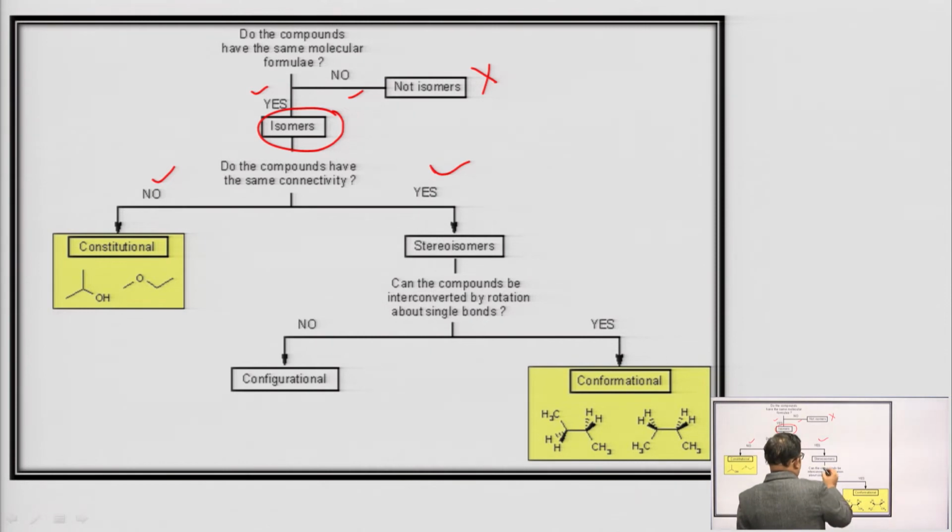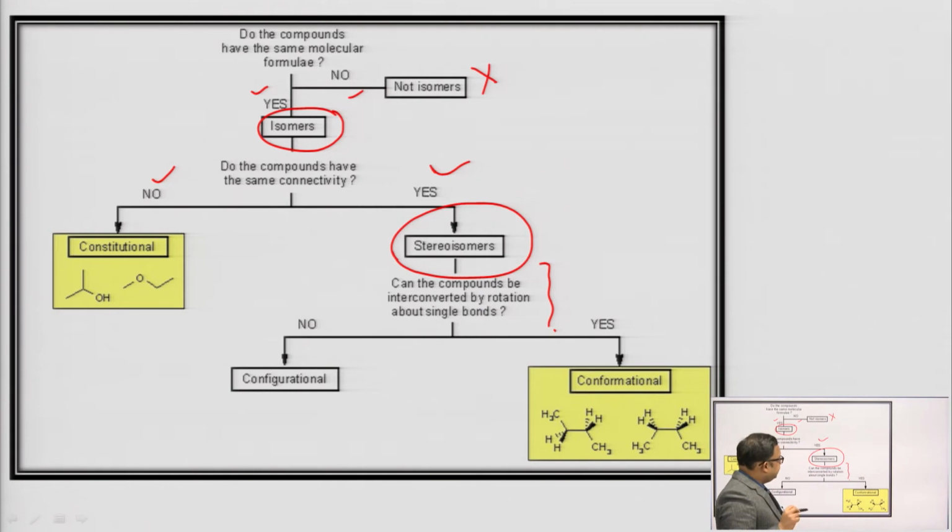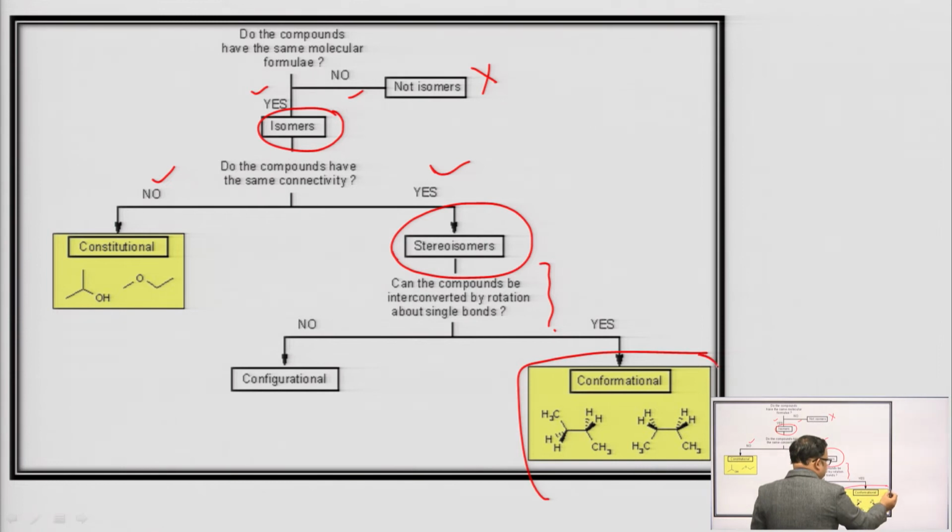If yes, the isomers are stereoisomers, and the question of concern is whether the compounds can be interconverted merely by rotation about the single bond. If yes, then we can say that the compound possesses conformational isomers. If no, then it must be a configurational isomer.